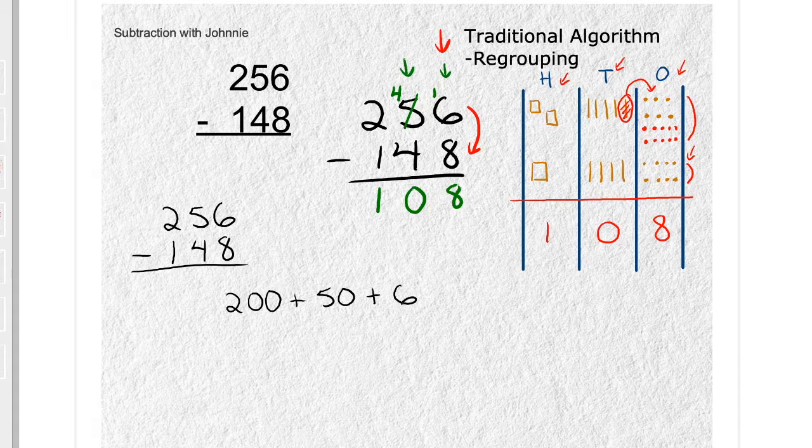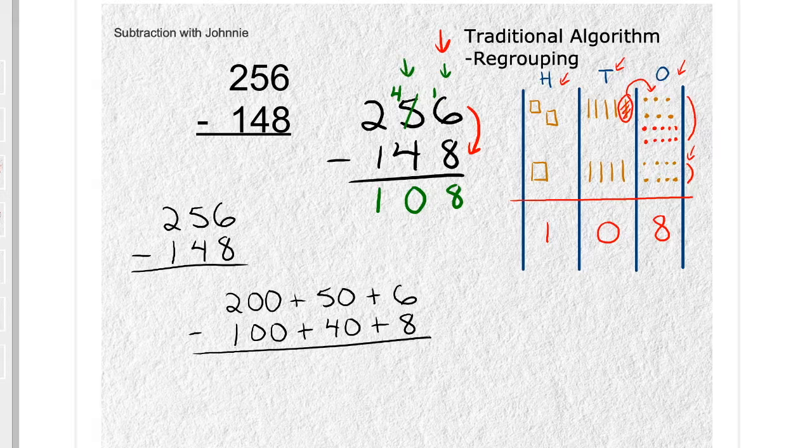And 148 is the same as 100 plus 40 plus 8. Now, we can subtract these. And one of the things about this is that we don't have to start on the right-hand side and move to the left. We could start 200 minus 100, 50 minus 40, then you get 6 minus 8. It gives us our negative 2, and that could work out.